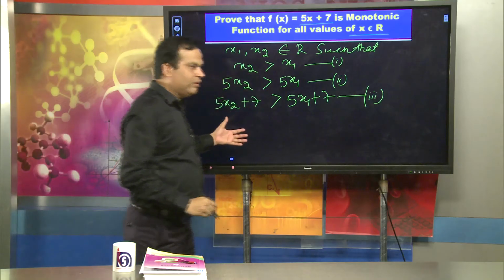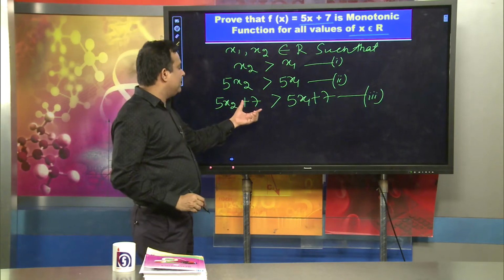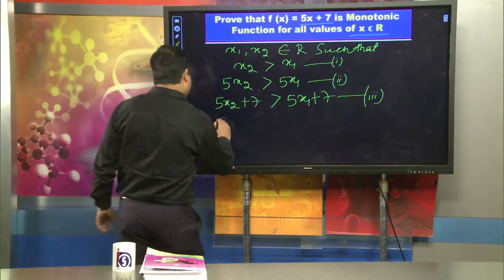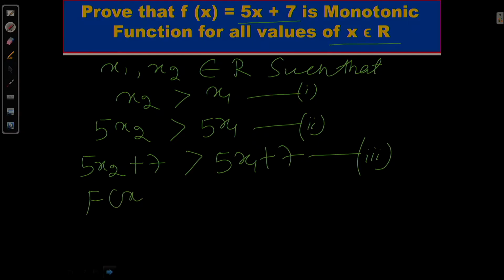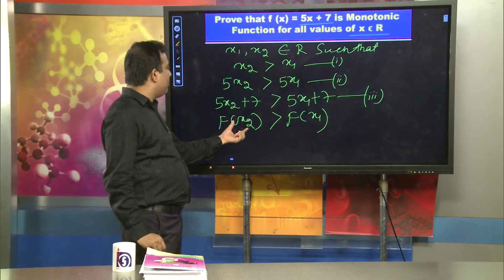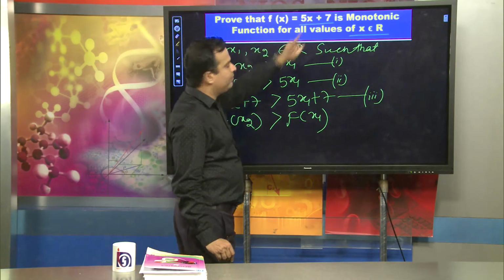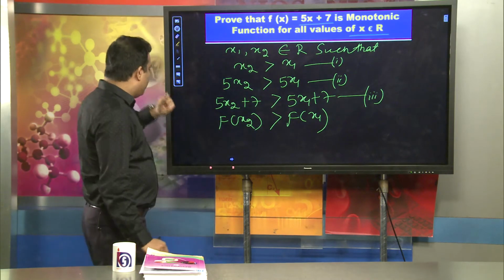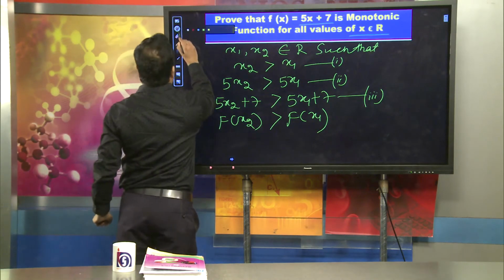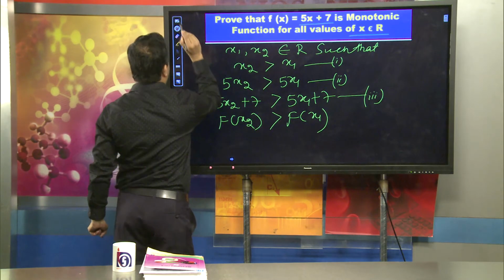What we observe: 5x2 plus 7 is nothing but f of x2, which is greater than f of x1, because f of x is equal to 5x plus 7. So now what do we conclude?